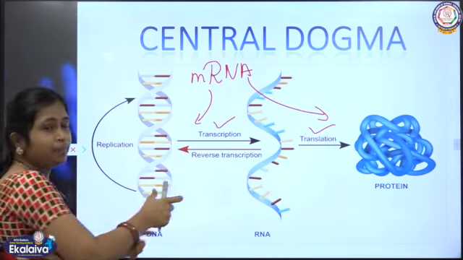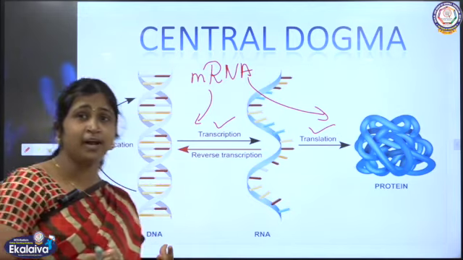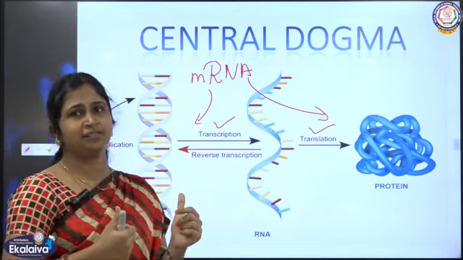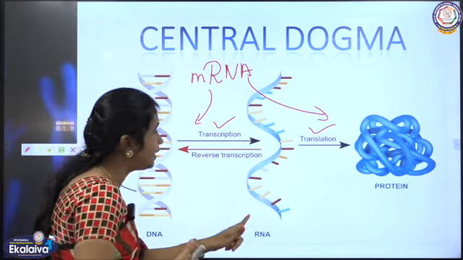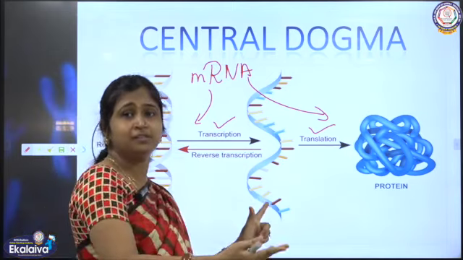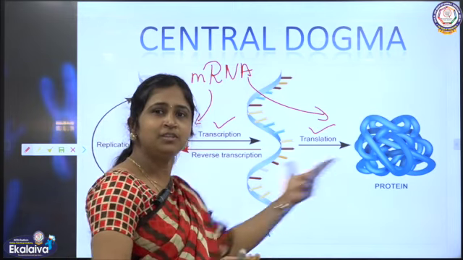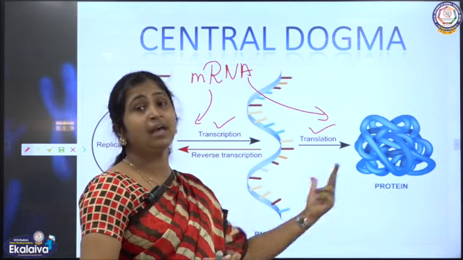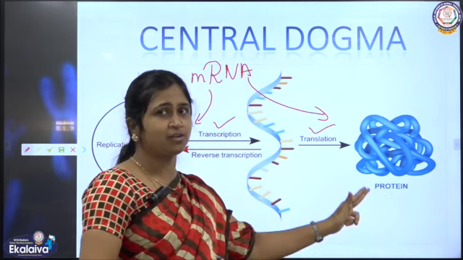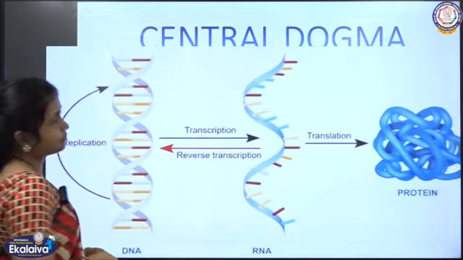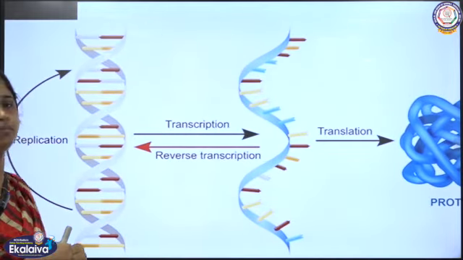Okay, the message is going to be transcribed from DNA to mRNA. So mRNA is going to carry the message, right? And this mRNA is going to translate the message to make protein, and the protein is formed. So this process we are going to see as transcription and translation, right? So this is our central dogma.